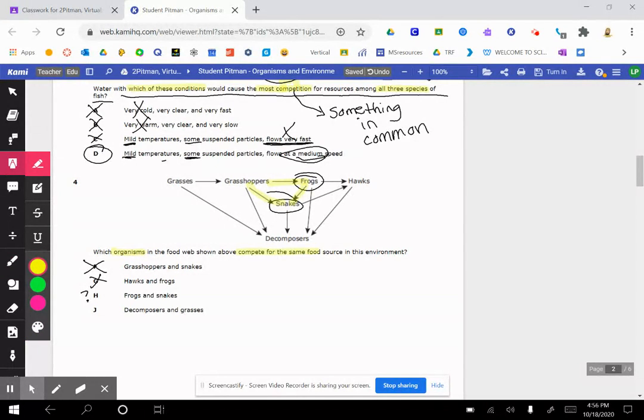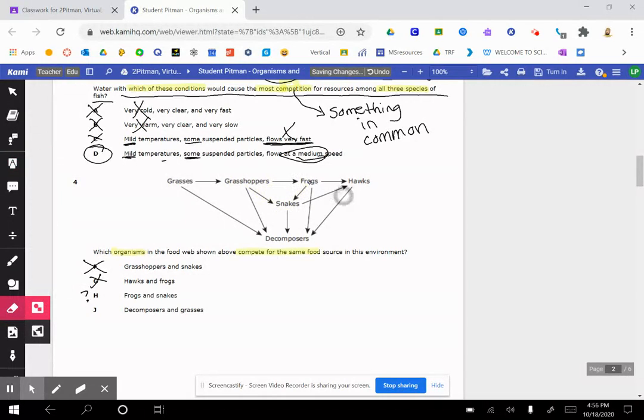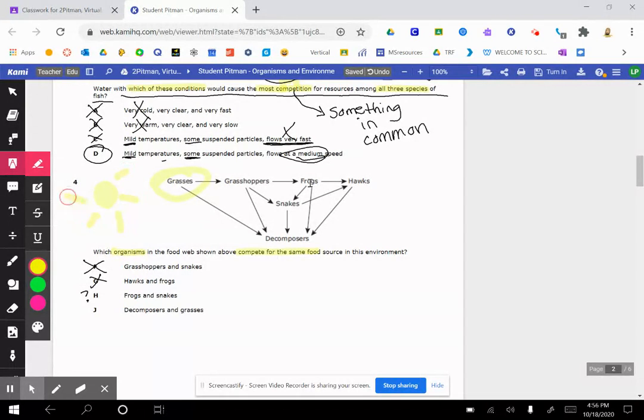Decomposers do have energy coming from everything in this food web. But grasses, where do they get their energy from? Mr. Sun. They're getting their energy from the sun. They take in the sun's energy for photosynthesis in order to produce glucose.